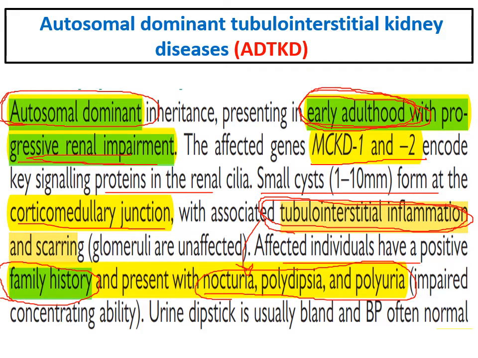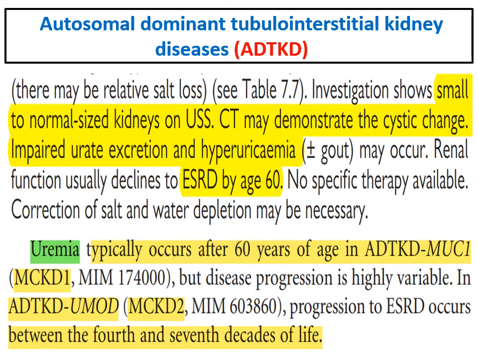The urine is usually bland with no proteinuria or RBCs, and the blood pressure is usually normal. The ultrasound usually reveals small to normal sized kidneys, and CT is very good at illustrating these small cysts.